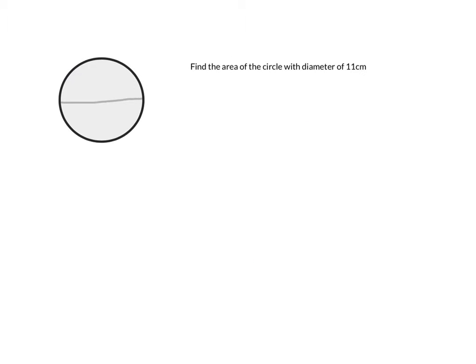Last problem. Find the area of the circle with diameter of 11. So we need the area formula. So the area formula is A equals pi r squared. We know pi, okay, so we can fill in pi. So A equals 3.14 and times radius.